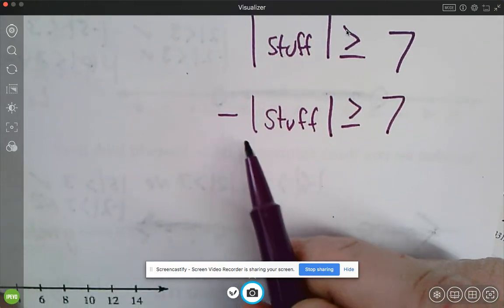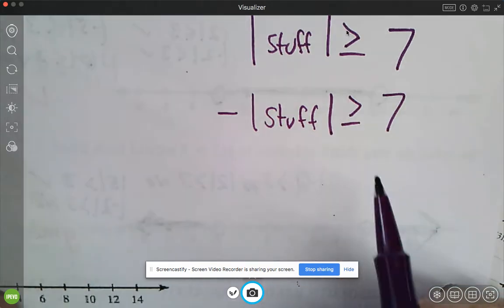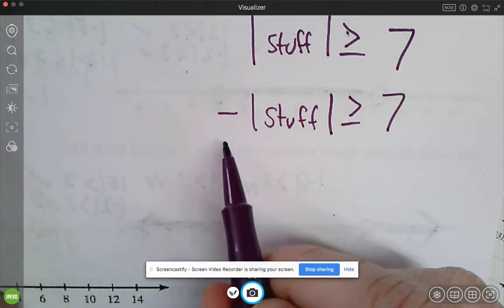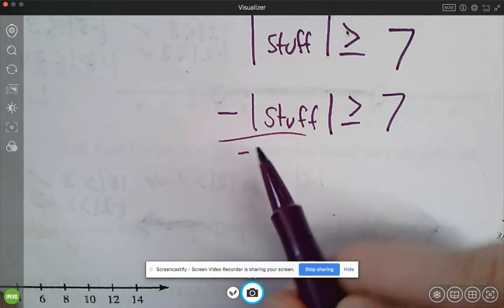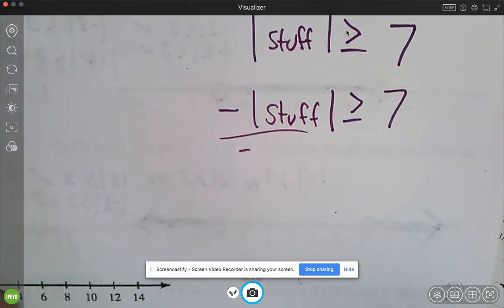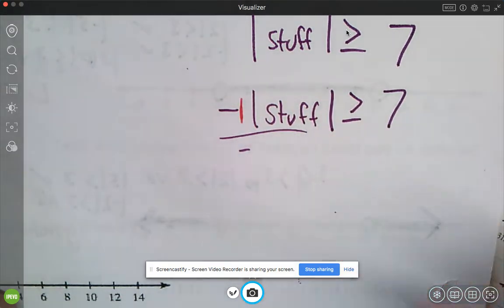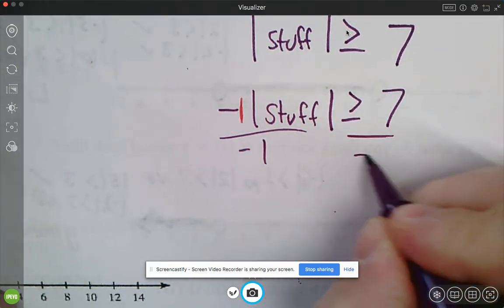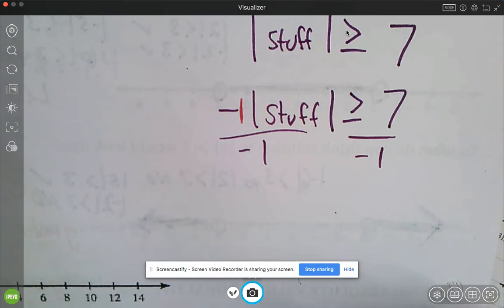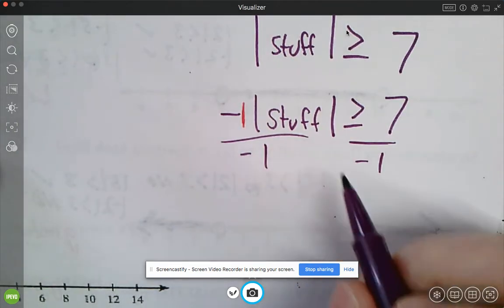So if we want to get, instead of opposite stuff, just regular stuff again, you're going to divide each side by a negative, because remember, this is an assumed -1 right here, and we never distribute inside the absolute value symbol. So this is divide each side by a -1. But when we divide by a -1, that switches the inequality.